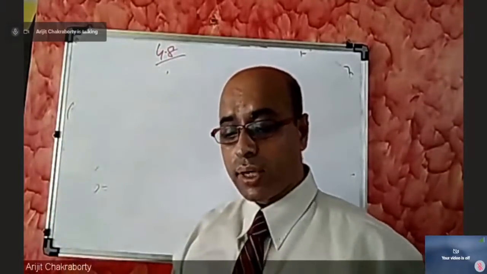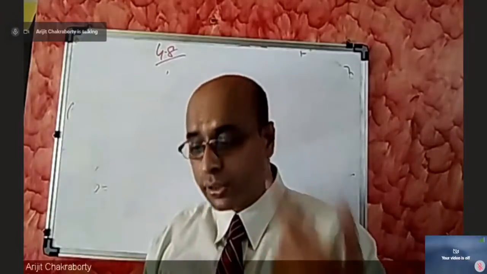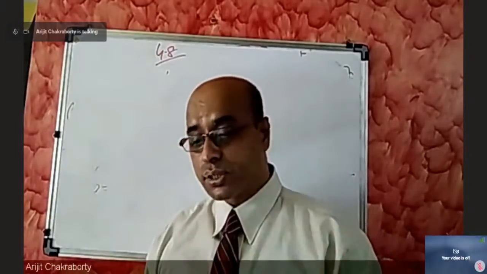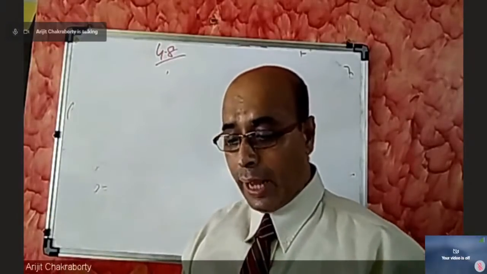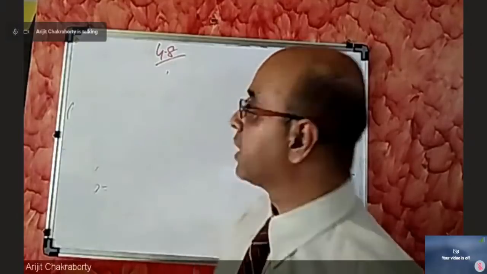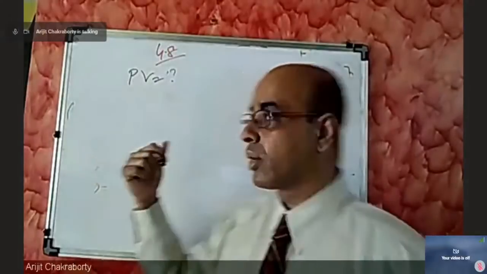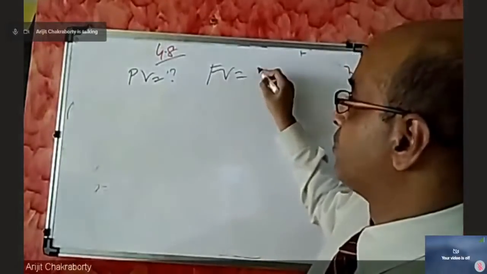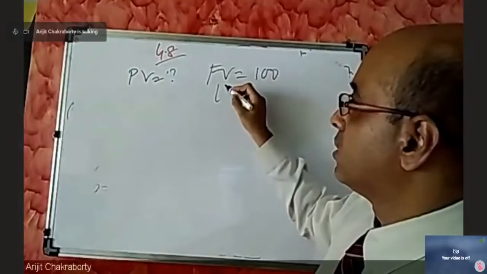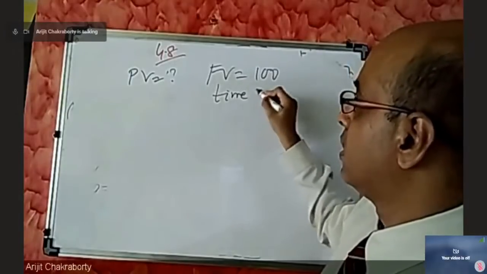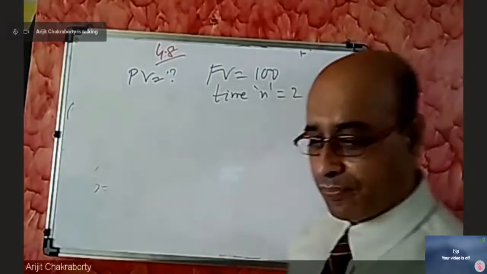The question is, what is the present value of rupees 100 to be received after 2 years, and compounding is done annually at 10%? So we have to find the present value. Future value is given, 100 rupees. The time, that is N, is 2 years.